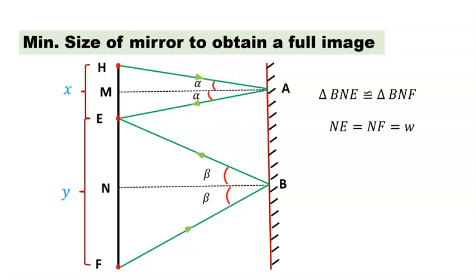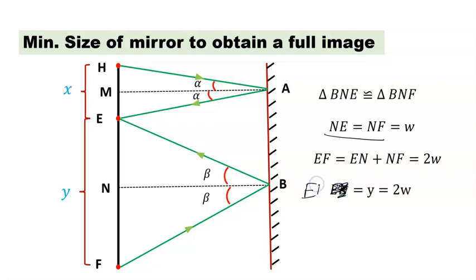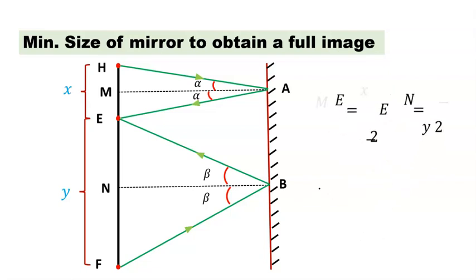Let's assume they are equal to W. Now EF is equal to EN plus NF, so it is 2W because both are the same. Oh sorry, it is EF that is equal to Y, which is 2W, and hence from this you can see that W is Y by 2.